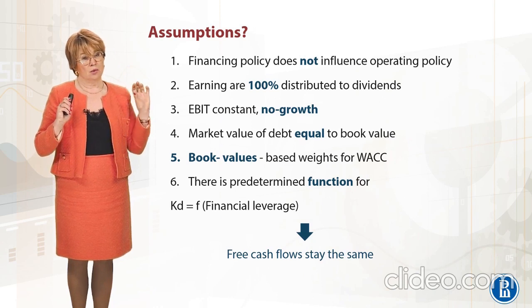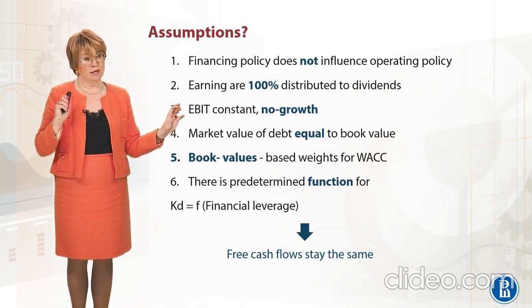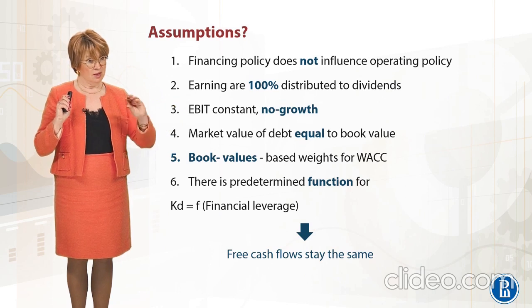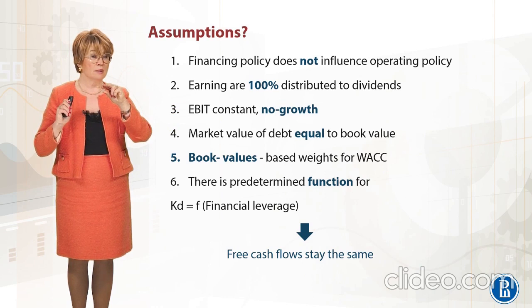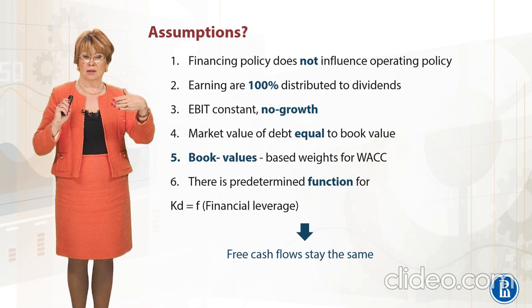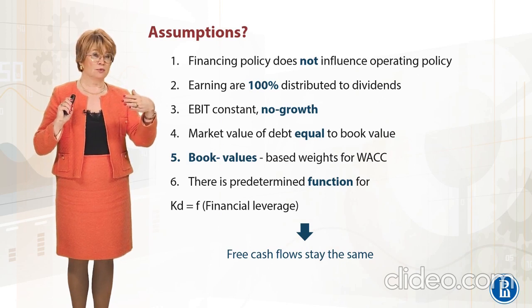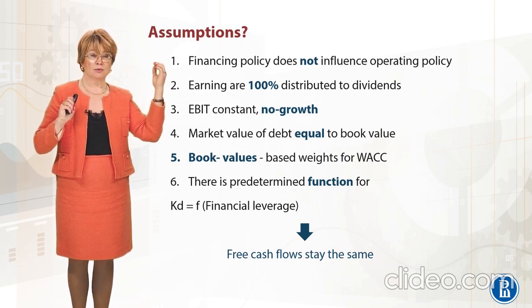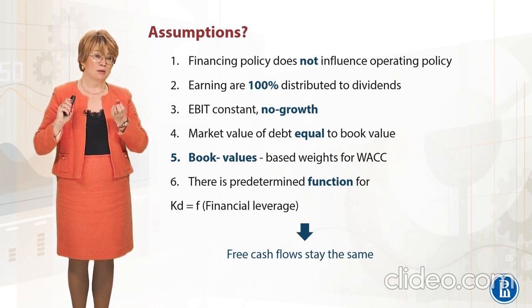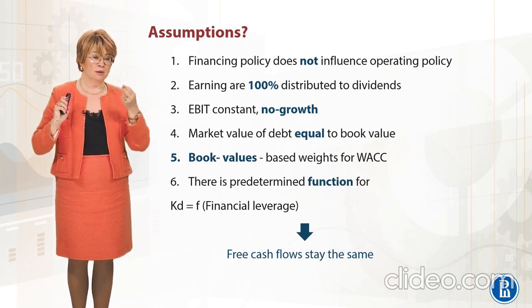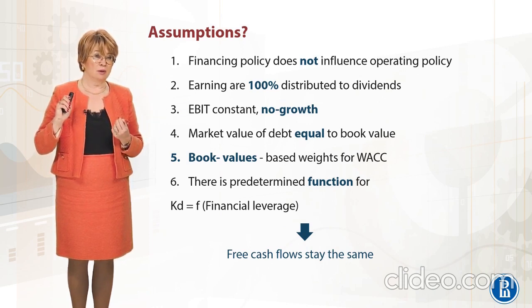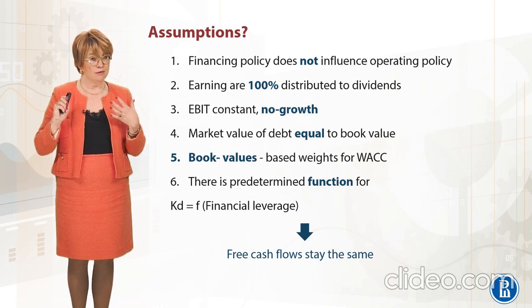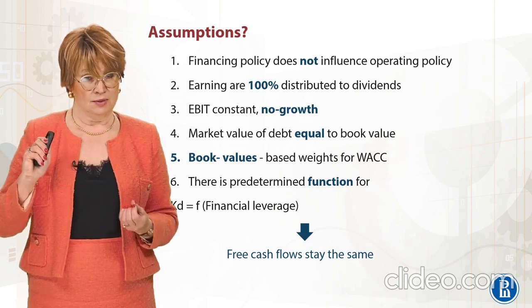Because we already got the minimum level of the weighted average cost of capital, but our final message is to get the maximum value of the company. And it's possible if we can now conclude that the free cash flows of the company, in the process of changing the debt to equity coefficient, in the process of increasing financial leverage of the company to get the minimum level of WACC, stay the same.